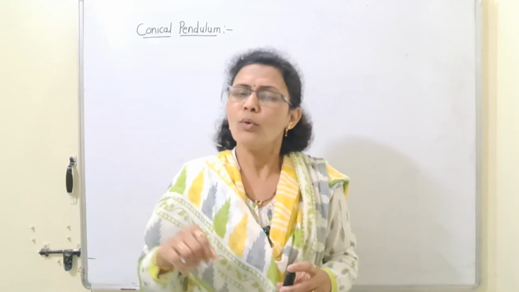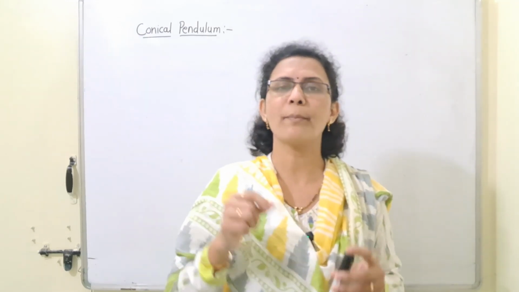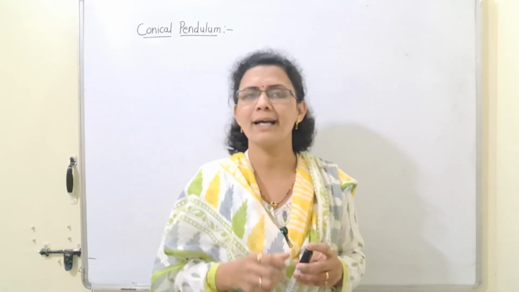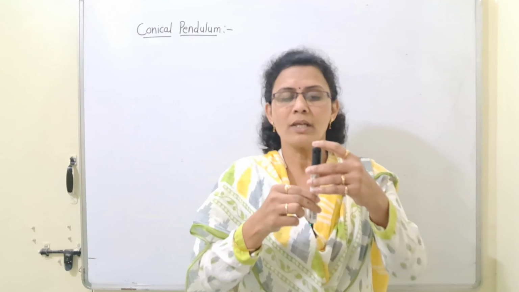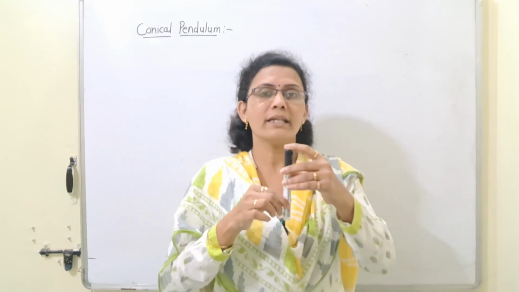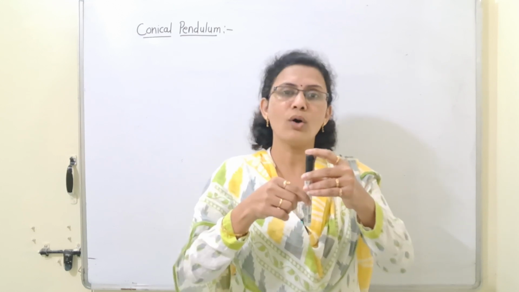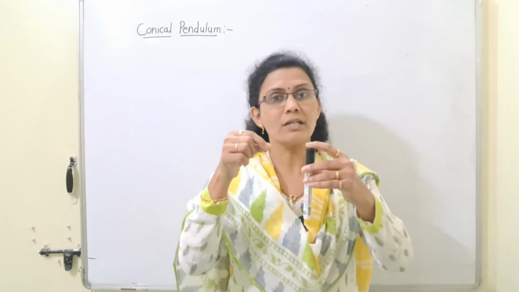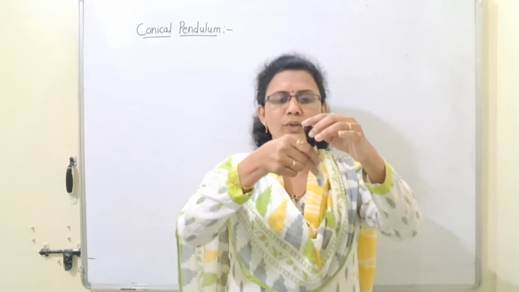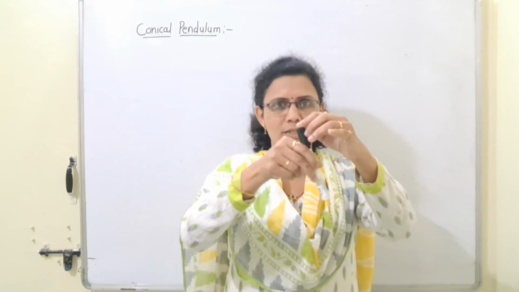Now, what is a conical pendulum? A conical pendulum is a pendulum in which there is one point mass, or a bob, tied to a long inextensible massless string, and it is making a revolution, moving along a vertical, right circular conical surface.